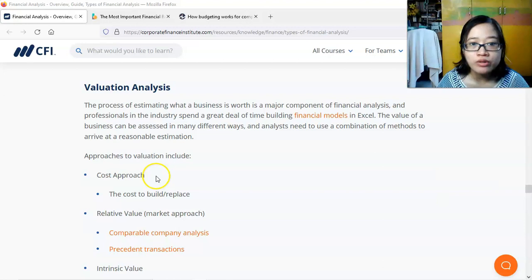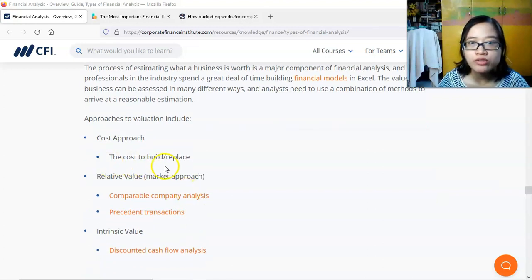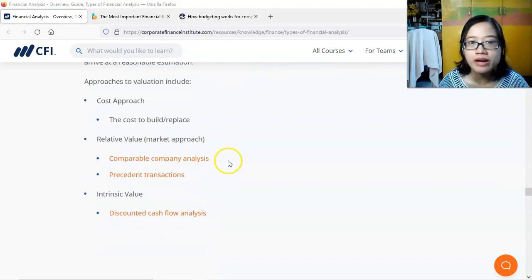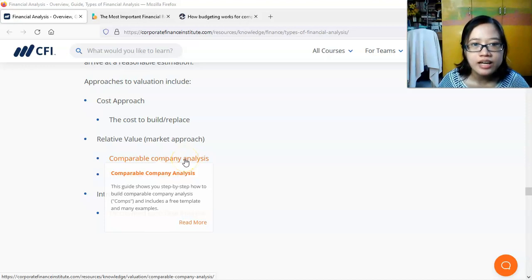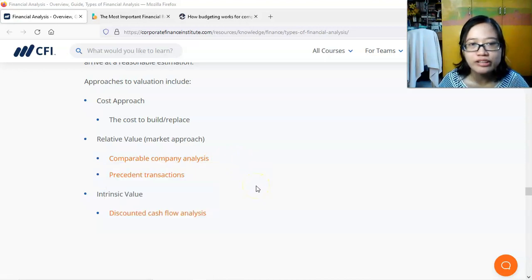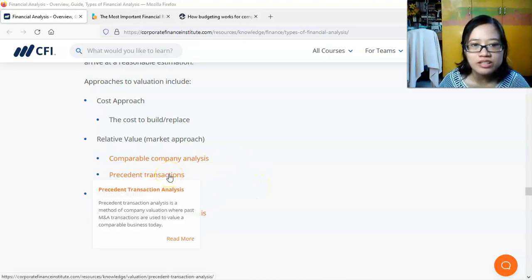So, ito, you have your cost approach, the cost to build or replace. Okay. Relative value or yung market approach. So, yung comparable company analysis. Step by step, how to build comparable company. Add pala siya, ano. Precedent transactions.